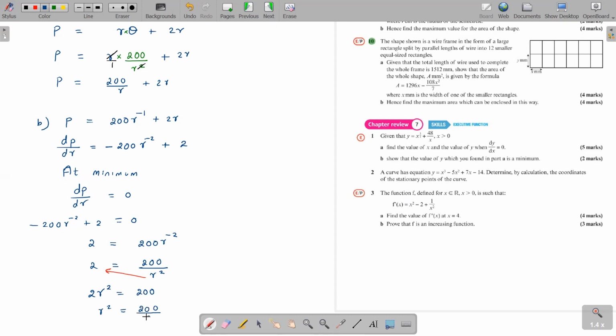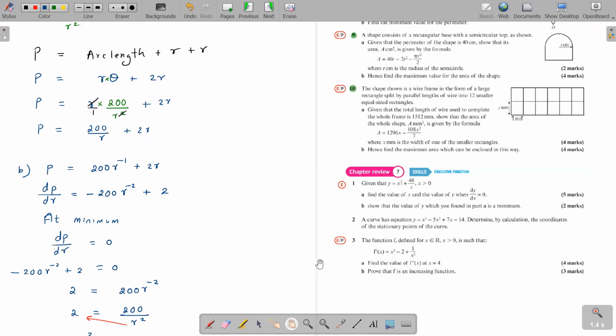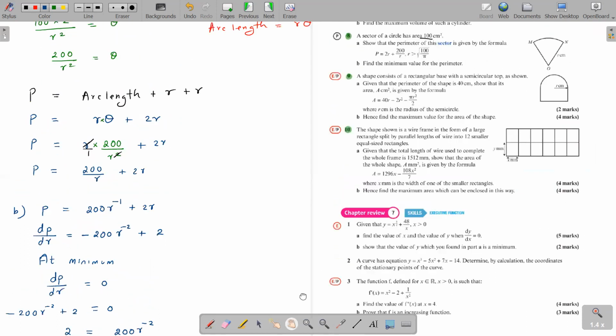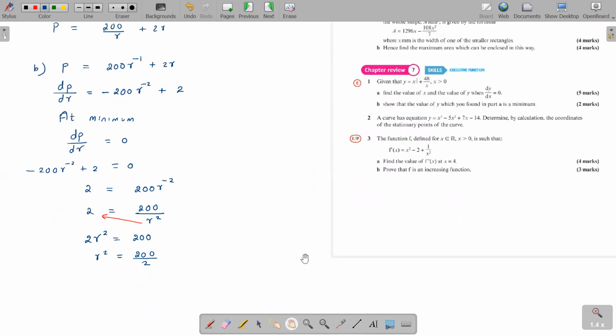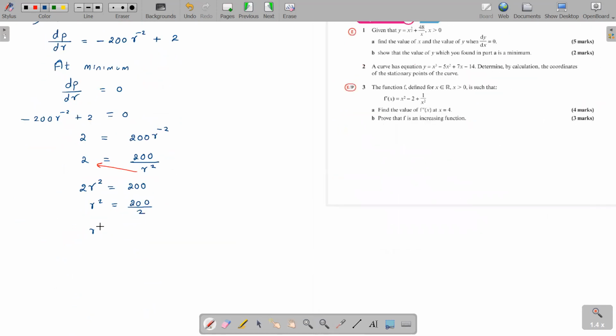Is this okay? So r square is 100. Therefore r is root 100, which is 10. So I directly get r is 10. Plus or minus 10, but obviously we will take the plus value.